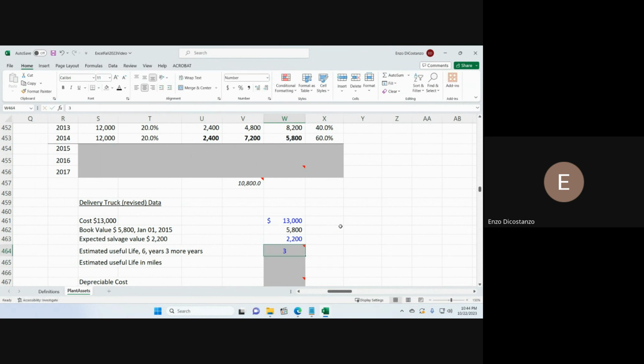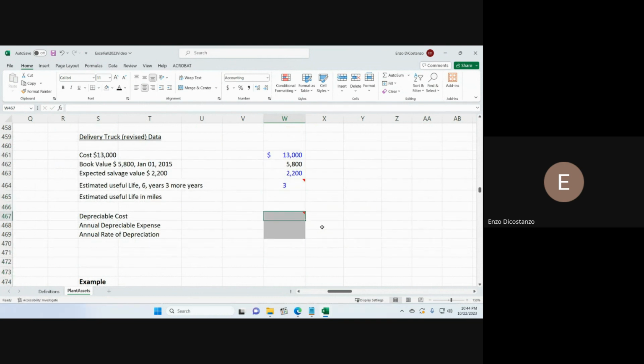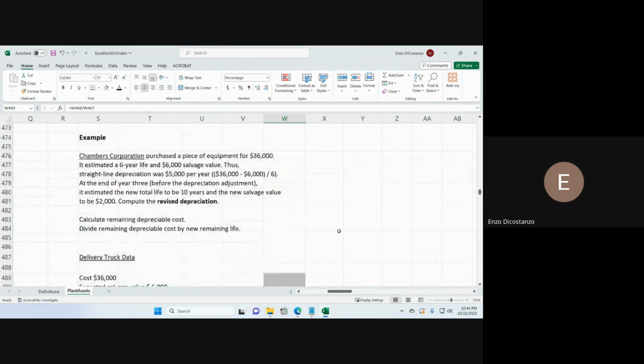Yeah, 15, 16, and 17 are 3 more years. Don't worry about miles. So now what we're depreciating is the book minus 2,200. That's what you're depreciating, and the expense would be equal to this divided by 3 years, and the rate would be 30 something. Okay, 33%.